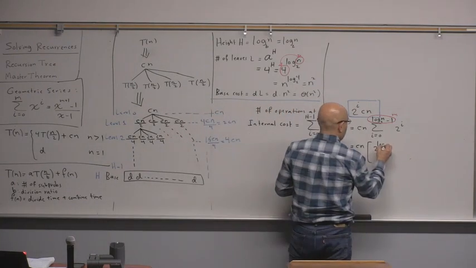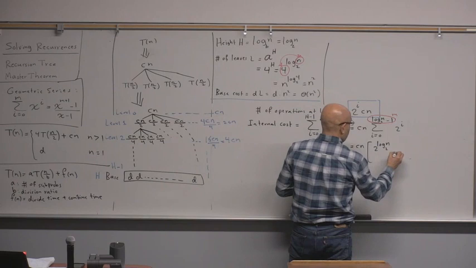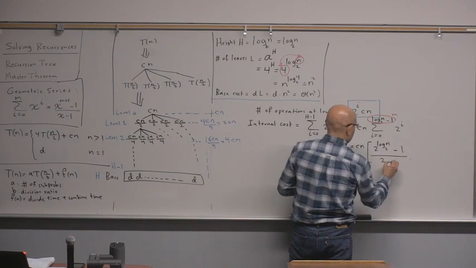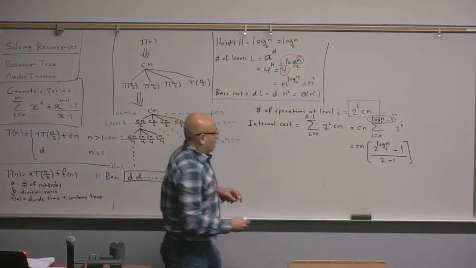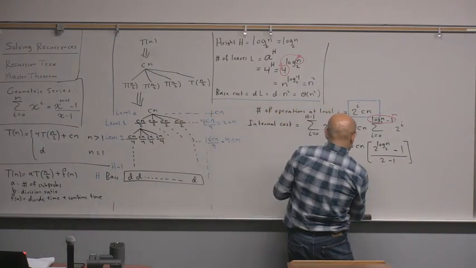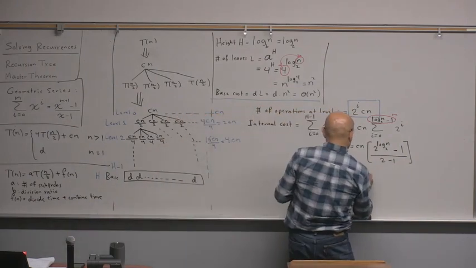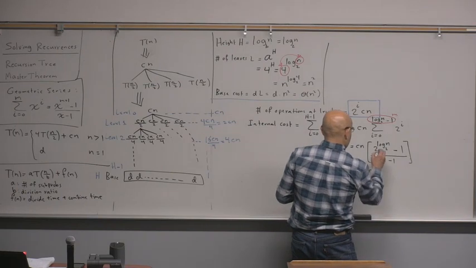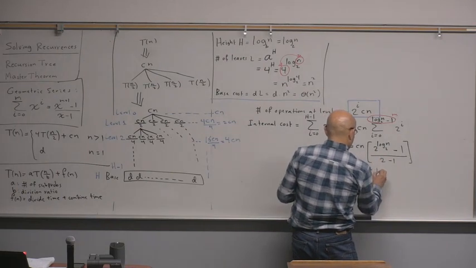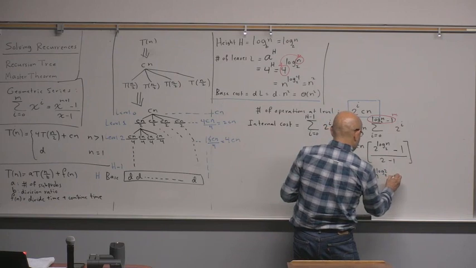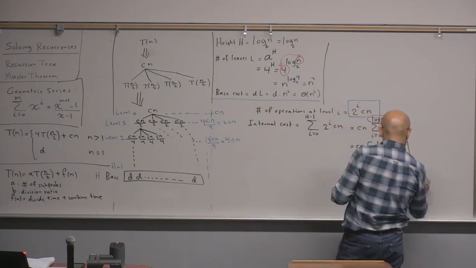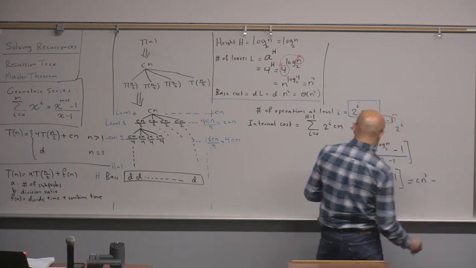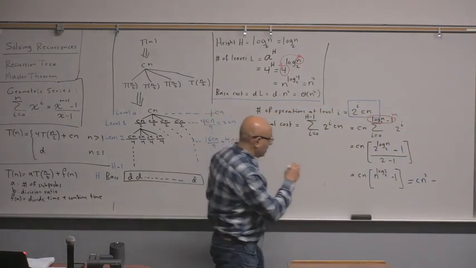So this is Cn times (2 power log n base 2 minus 1) divided by 1, which is Cn squared minus Cn.